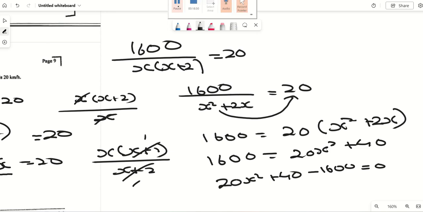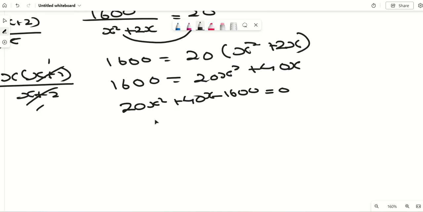Right, so now we have 20x squared, 40x. I didn't put the x here. 40x minus 1600. What number could go into 20, 40, and 1600 all at the same time? 20. So you're going to divide this entire thing by 20. 20 could go into 20x squared, x squared. 20 could go into 40x, 2x.